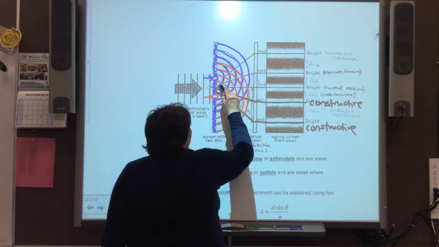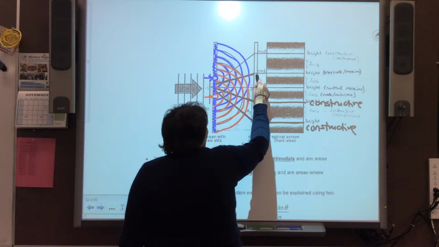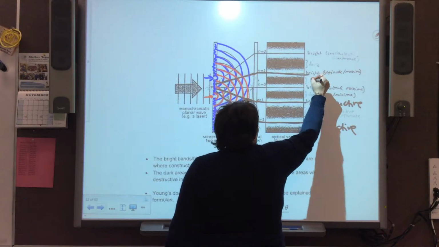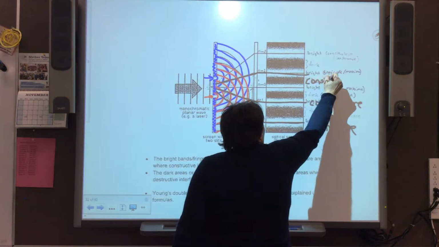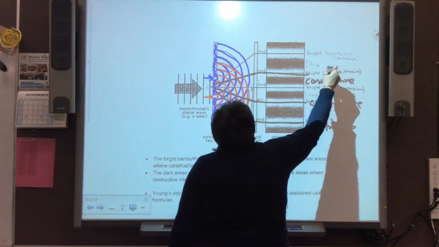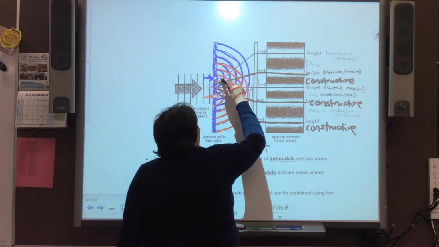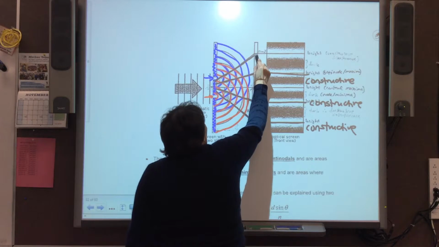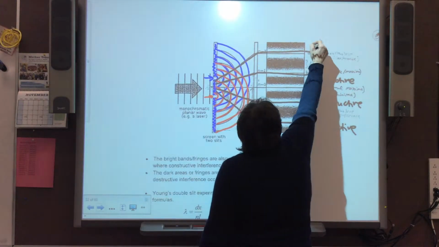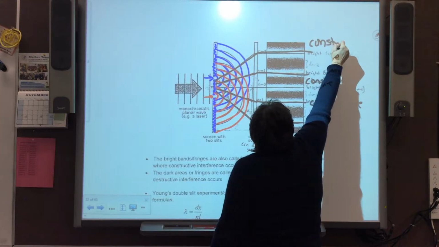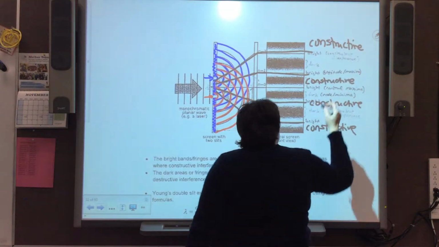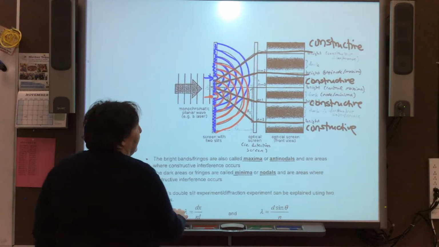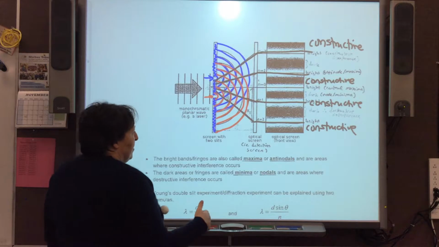And again through here, and again through here. So those are waves that we call in phase.